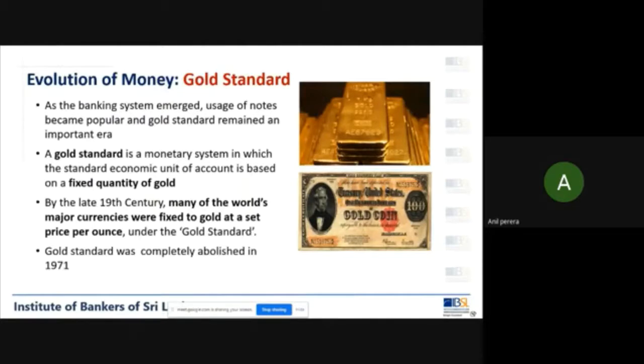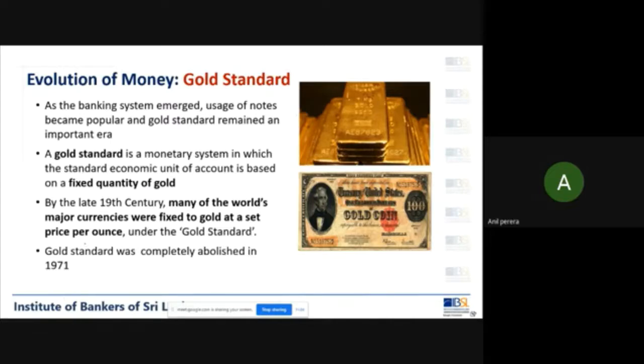Another important step during this evolution of money is the gold standard. Gold standard is actually a system of money. It's a kind of banking system used in the 20th century. I think by late 19th century and early 20th century, this system was in place, and that continued up until around the 1970s.